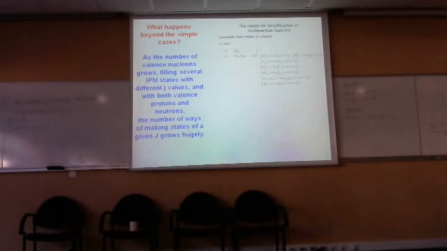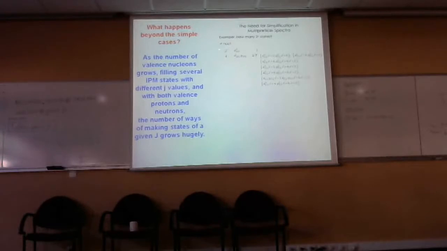You could have 2 particles in d5/2 coupling to angular momentum 4, and 2 particles in g7/2 coupling to angular momentum 2, and then couple the 4 and the 2 to 2. You could have 2 particles in d5/2 coupled to 2, 2 particles in g7/2 coupled to 4, couple that to 2, and so on and so forth. I wrote down 7 ways. I don't know if there are more.